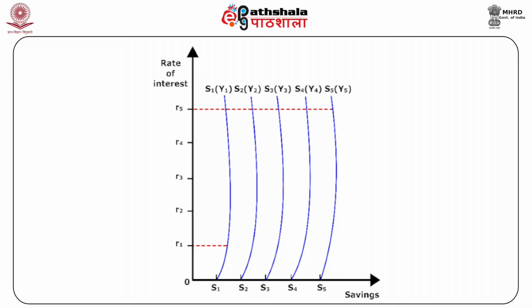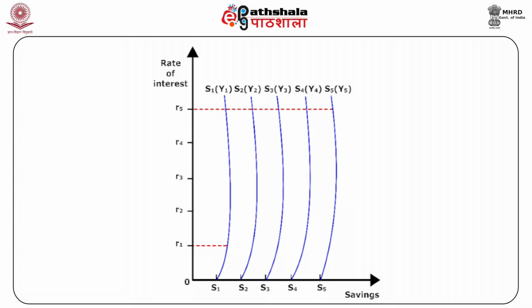The theory tells us that if the rate of interest increases, then it becomes more attractive for the households to save out of their income, and hence when rate of interest increases, the savings level would also increase. There is a positive relationship therefore between rate of interest and the level of savings.